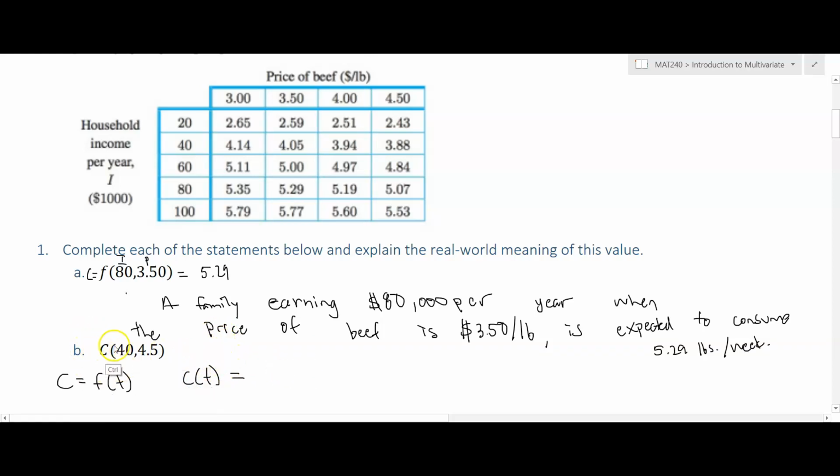So this notation is no different, just so you're familiar with the different ways you might see function notation in a multivariable calculus class. So here we have a family earning $40,000. Price of beef is $4.50. So that would tell me that I would expect that family to consume 3.88 pounds of beef per week.